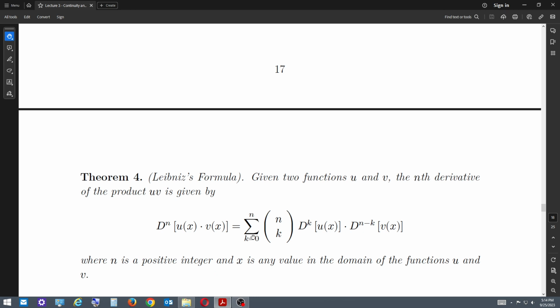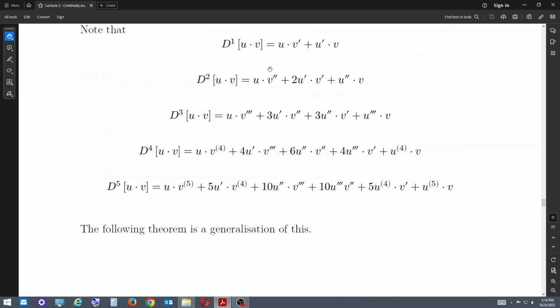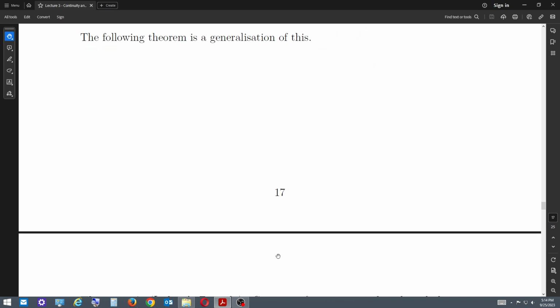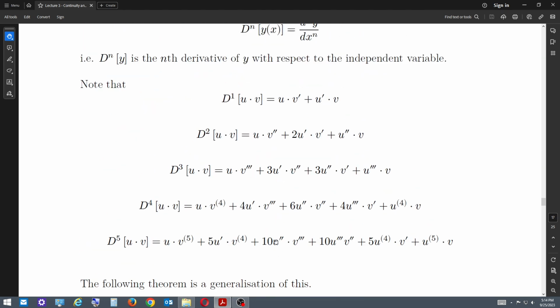Like I said, it's a summation, and the first term, the coefficient, is n choose k. Remember up here when we were talking about the coefficients, we referred to Pascal's triangle. The terms in Pascal's triangle are of the form n choose k. N represents the row number, or in other words, the number of times we're differentiating in this case, and k represents the term number.